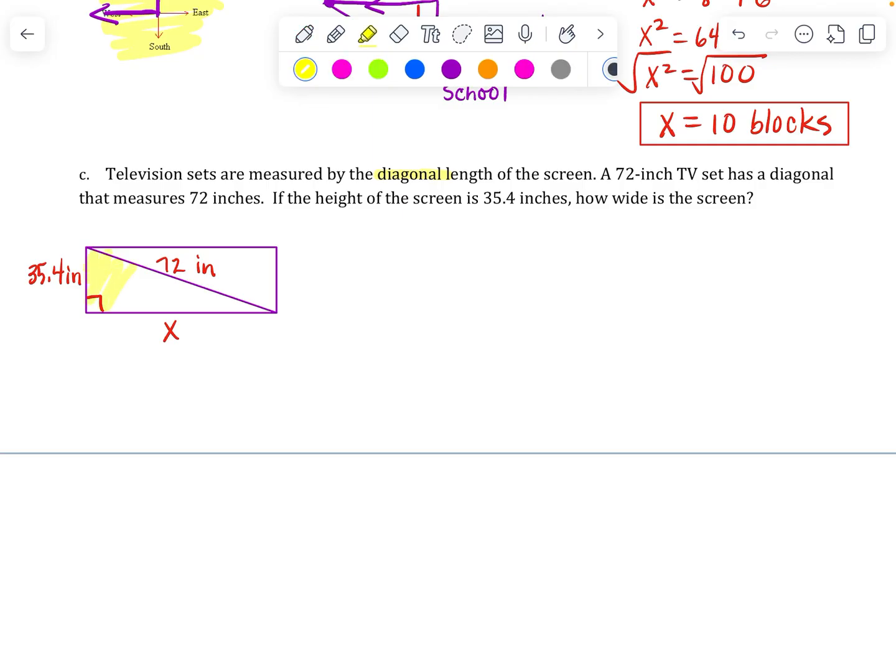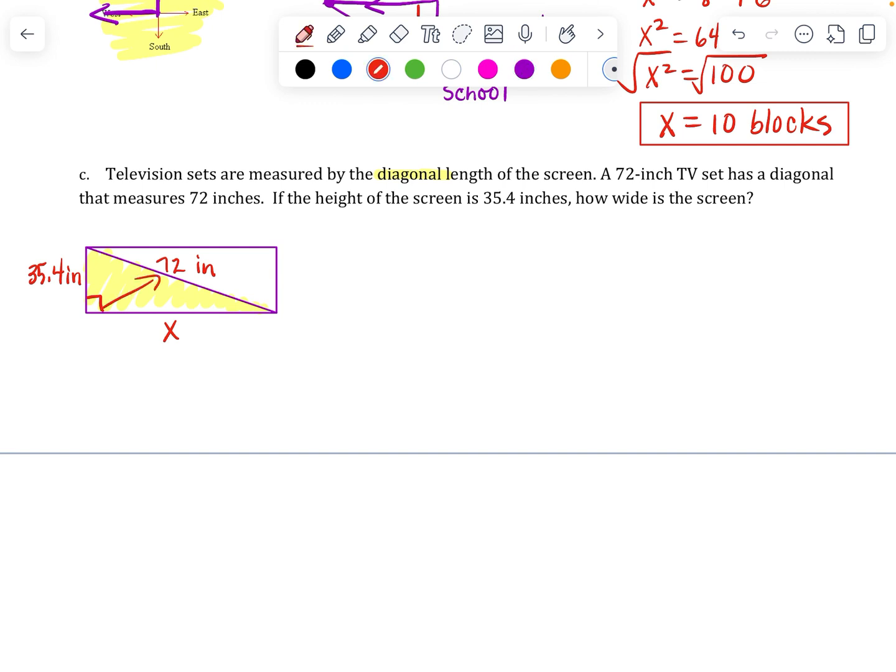We are just going to focus in on this right triangle that I highlighted in yellow, because then we can use the Pythagorean theorem. So even though a television set is rectangular, once you throw in the diagonal, you chop it into two right triangles. And we're going to do the Pythagorean theorem on the one that I just highlighted in yellow. So my legs are the 35.4 and the x.